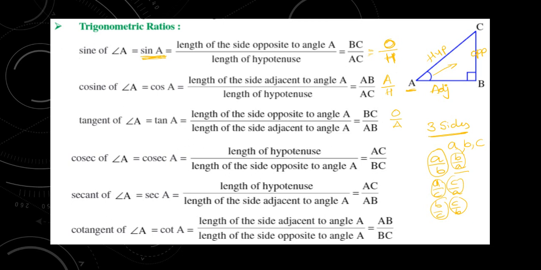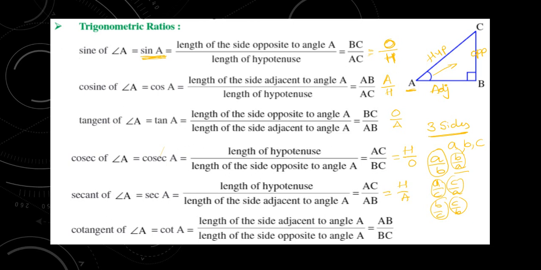Next, cosecant of A is the reciprocal of sin A. If you reciprocate sin A, we get cosecant A, which we write as hypotenuse by opposite side, AC by AB. Secant A is the reciprocal of cos A, which I can write as H by A. Similarly, cot is cotangent.